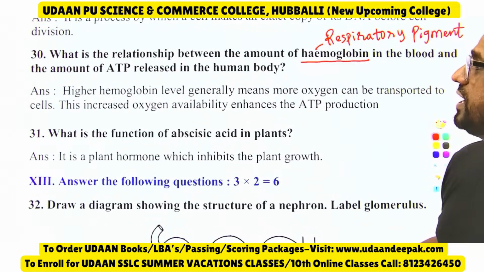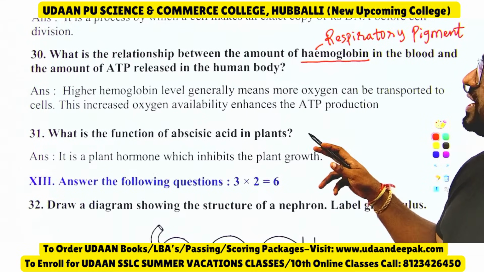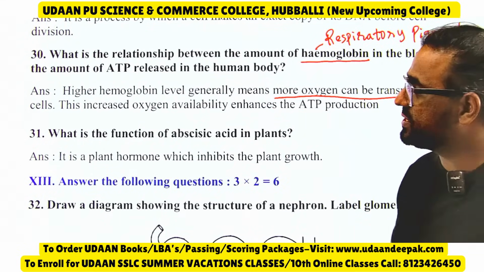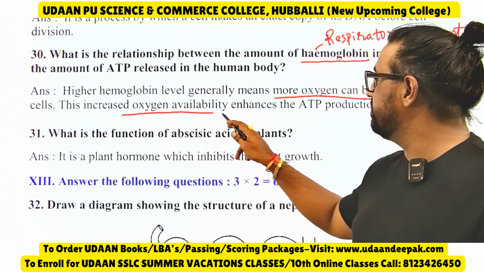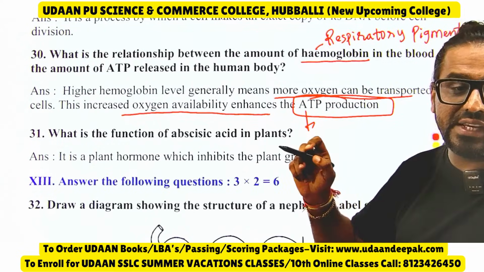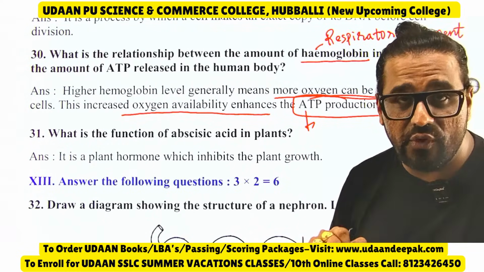So you can see, a higher hemoglobin level generally means more oxygen can be transported to cells. This increased oxygen availability enhances ATP production. And you know that ATP is an energy currency. Can anyone watching tell me the full form of ATP?